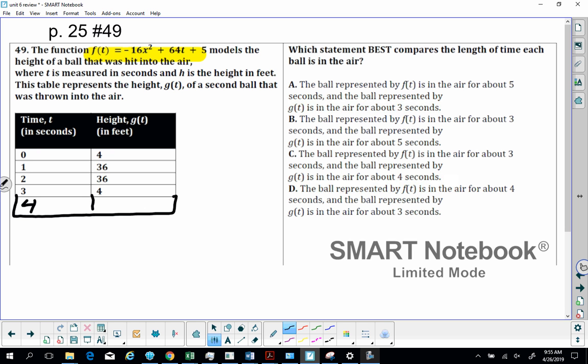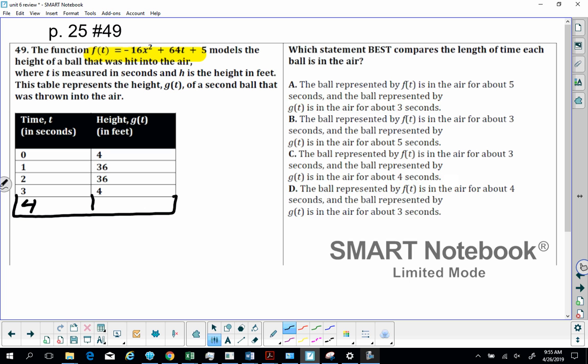No, those are right. F of t is the function, in the air for about 3, like between 3 and 4 seconds. I think the other one is between 4 and 5. So F of t would be for 4 and G of t.